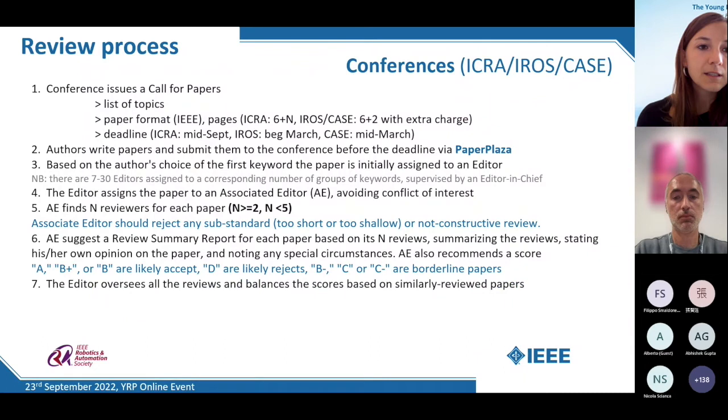Then the editor oversees all the reviews that have been collected by the associate editors and balances the scores based on other papers that are maybe on the same topic or have been reviewed in a similar way.